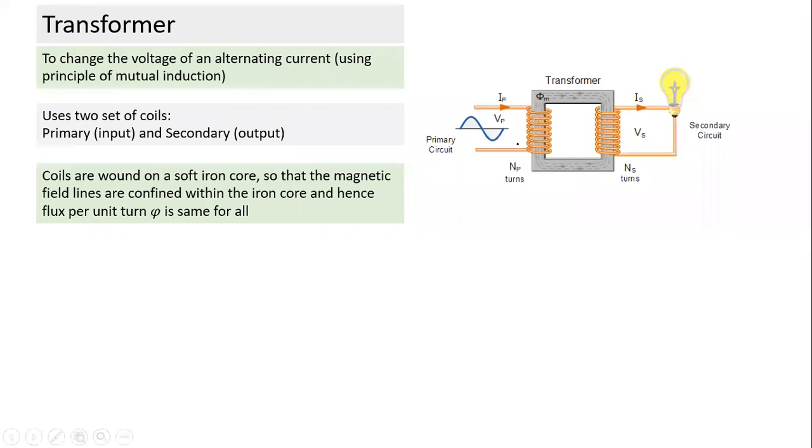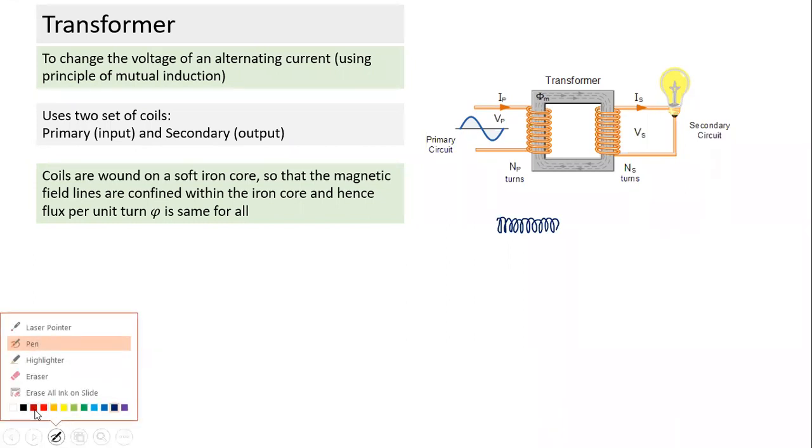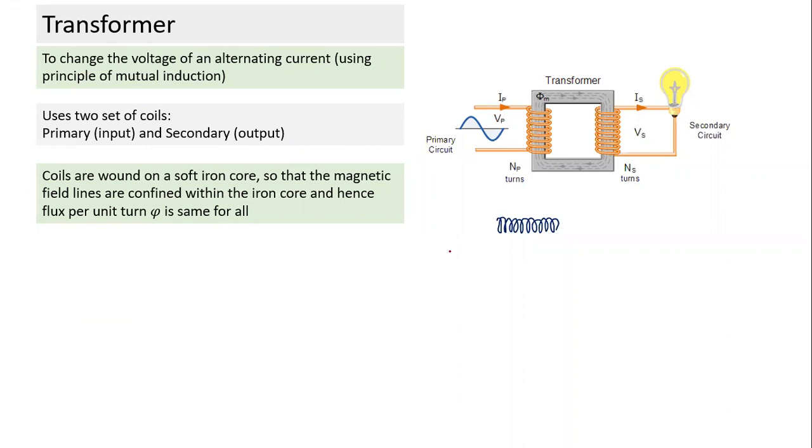Let's understand one more property of the iron core. If we have a solenoid, this coil is also like a solenoid. If solenoids are wound like this, how are the field lines due to a solenoid? All of you recall the shape of the field lines due to a solenoid. Very similar to field lines, maybe something like this.